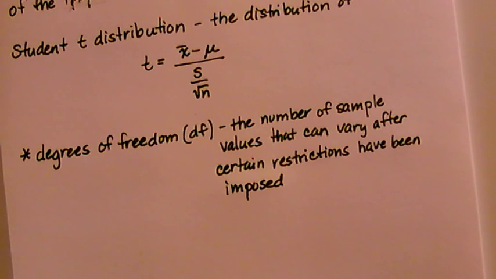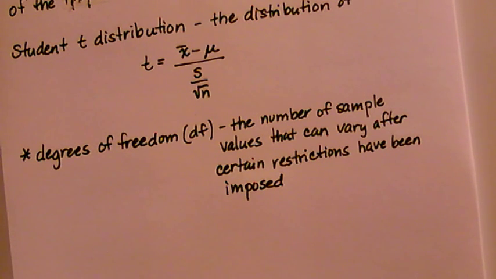Like, for example, let's say we have 5 tests throughout a semester. You know your score on 4 of the tests. But if you wanted to make an average of 80, then that last test has to be a fixed value that you must make in order to get an average of 80.